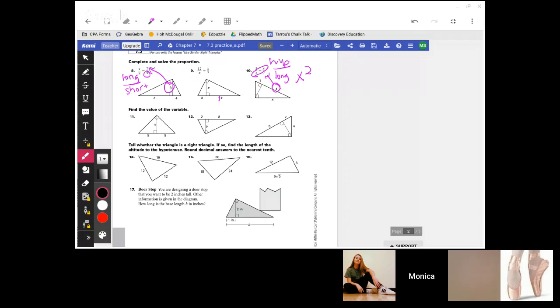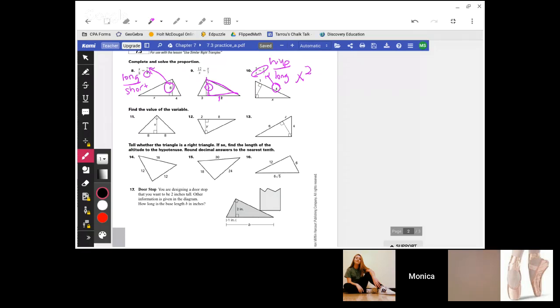Okay, x is not the hypotenuse. The hypotenuse is the side that's across from the right angle. So if we're looking at just this medium triangle here, right, then that's the short side. Does that make sense? Okay.